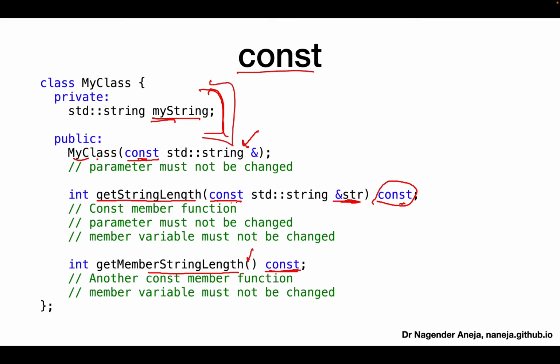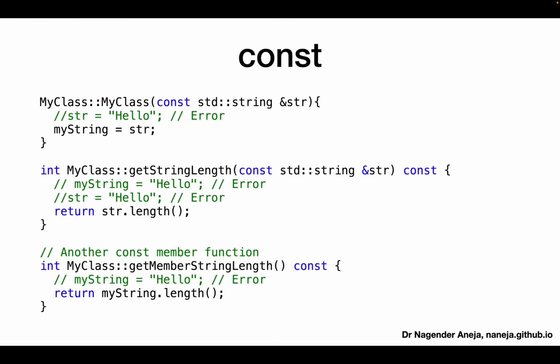That's why we are declaring it constant. Now with this declaration, if you do the same, the compiler is going to give errors here. And that's what we want, that these values should not be changed, because we have declared these as constant here. This is also constant. So the compiler will help us to find the errors here.